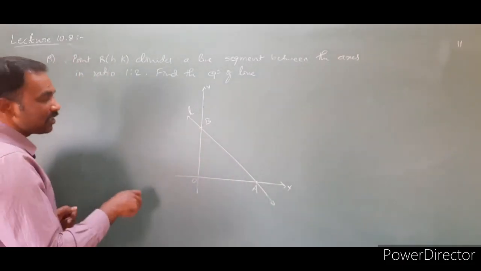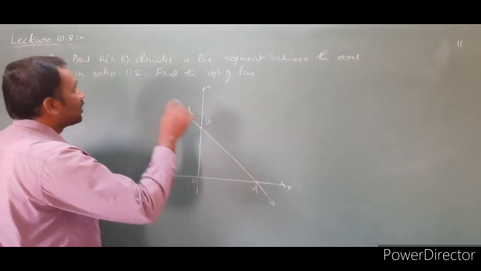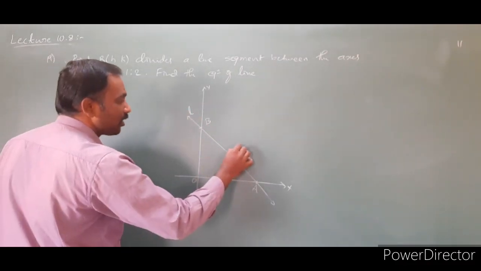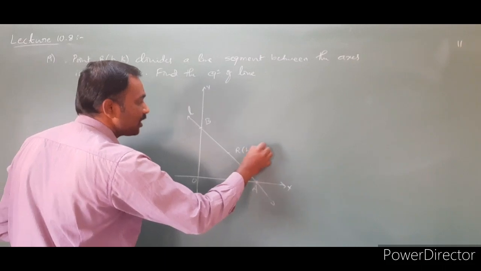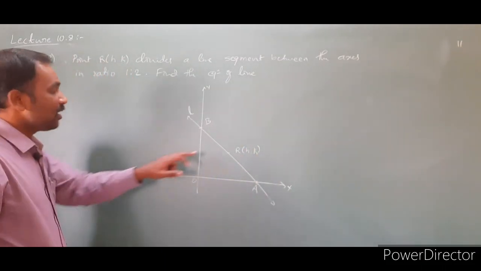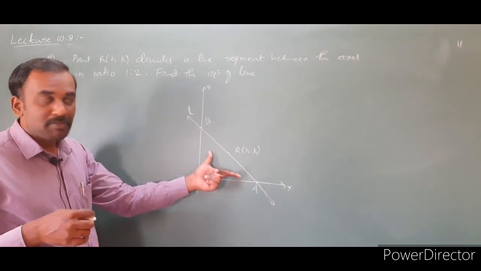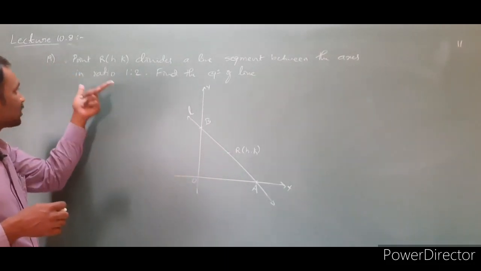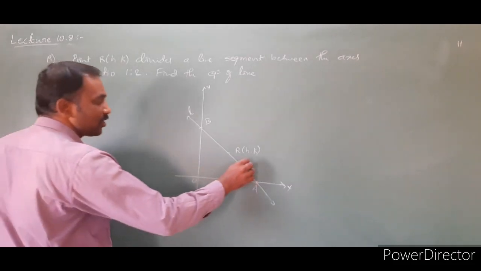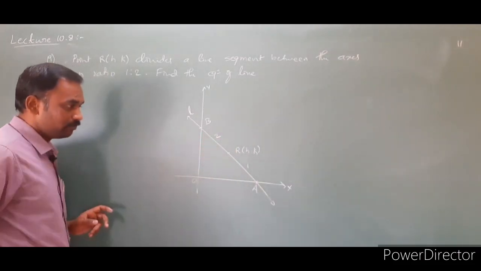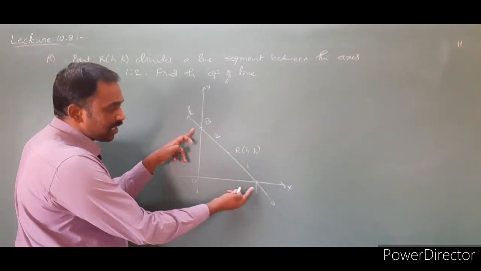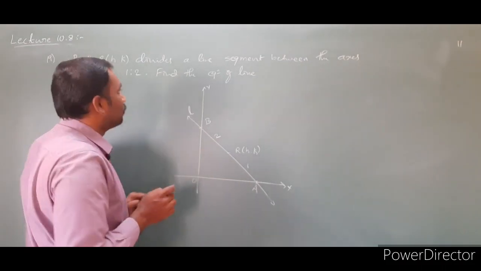Now the R point has the coordinates h comma k. This R point divides this line segment AB between the axes in the ratio 1:2.